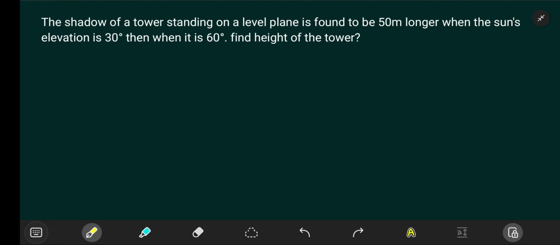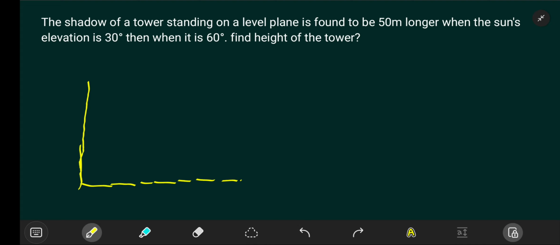They are saying there is a tower. Suppose this is a tower standing on a level plane. This vertical one is the tower, and this horizontal one is the level plane.